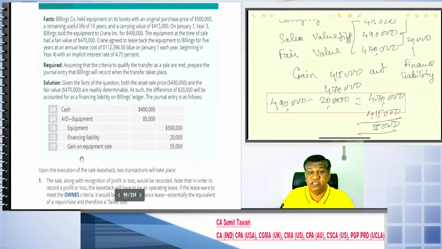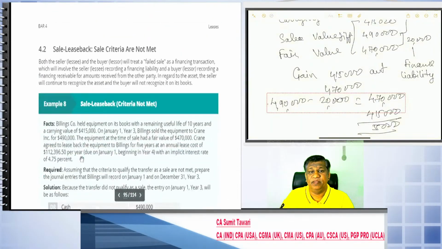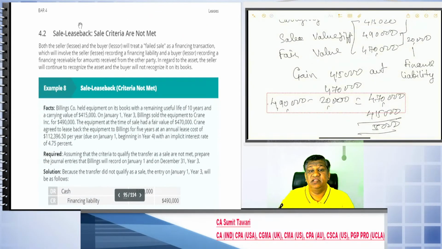So first thing, sale leaseback, we need to consider for the operating lease. Then if the sale criteria are not met, we need to consider this as a finance lease.